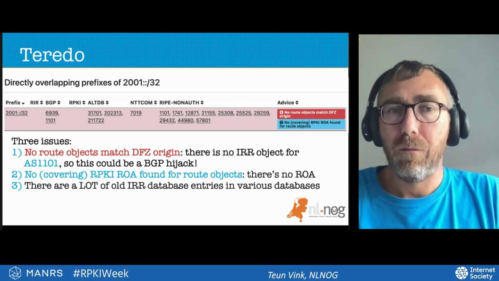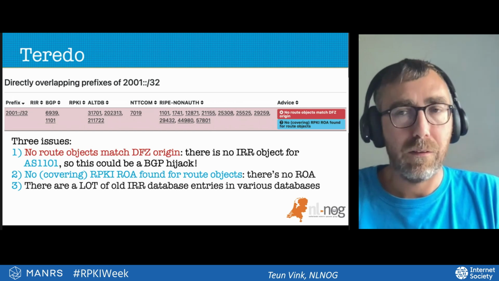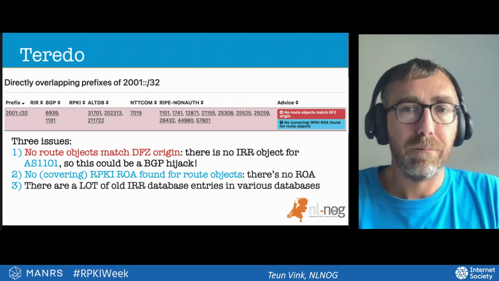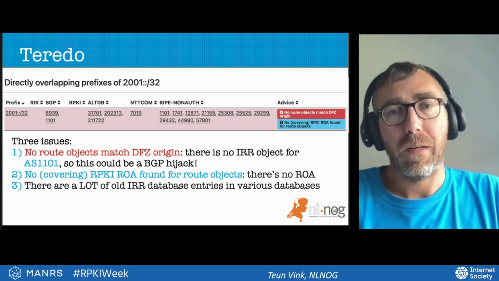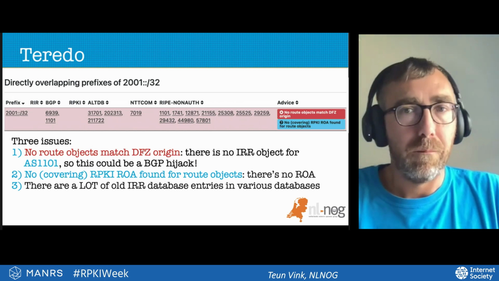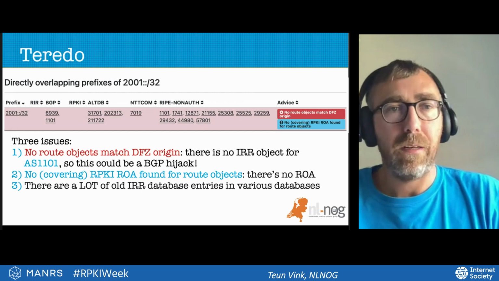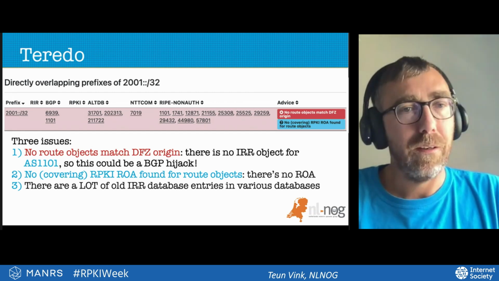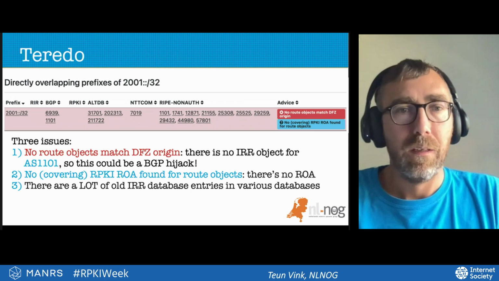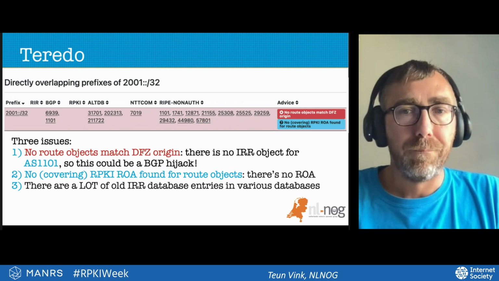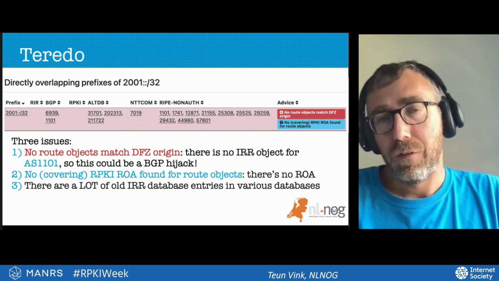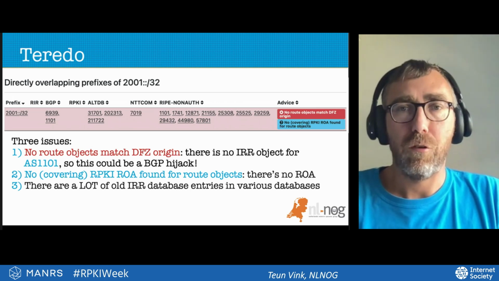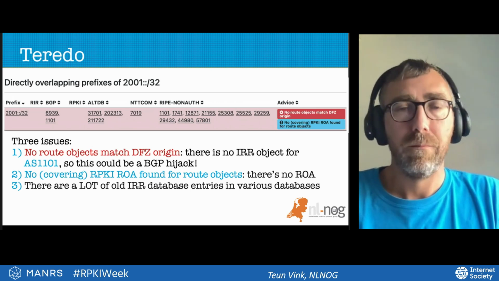And we also see another thing, it's the red error message. There are no route objects that match the BGP origin, and that's for the AS6939 Hurricane Electric network. They didn't create an IRR object. And of course, you see here, especially, that there's a lot of old entries that should have been deleted long ago.